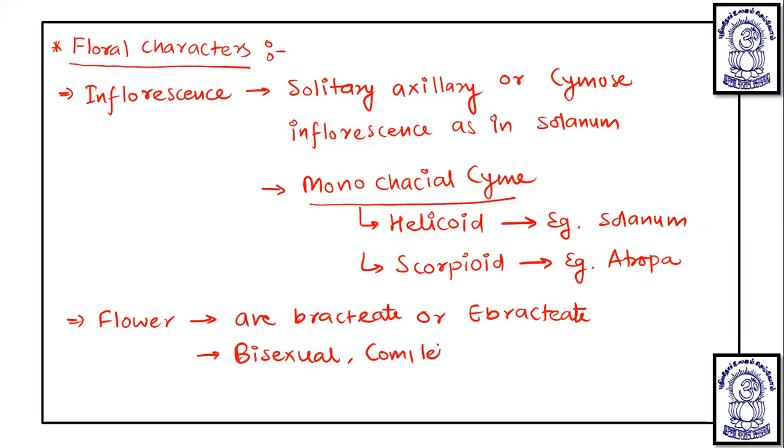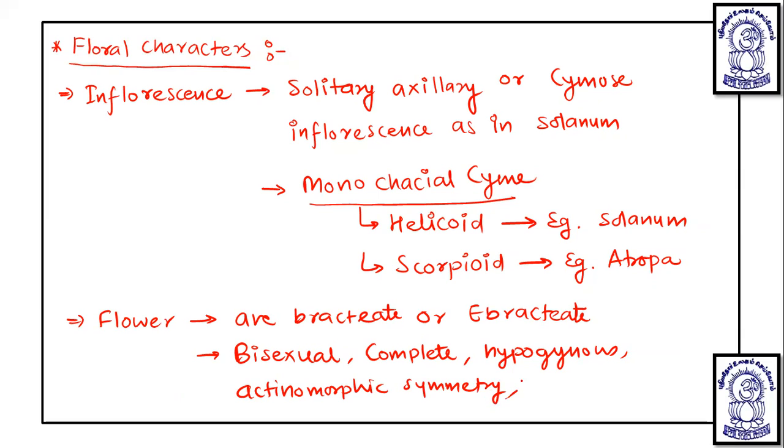They are complete flowers, meaning all four whorls are present. Superior ovaries, hypogynous flower, and they have actinomorphic symmetry. And usually have five sepals, five petals, and five stamens. So it is a pentamerous flower.